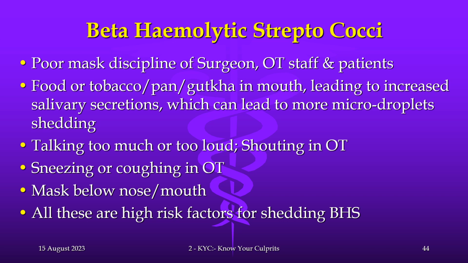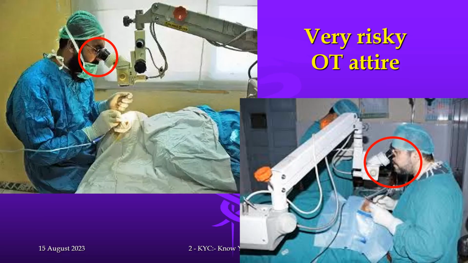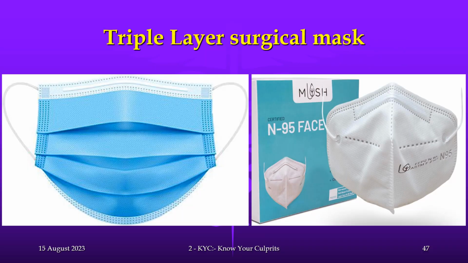All these are high risk factors for shedding beta hemolytic streptococci from the mouth. These are the best ways to shed these streptococci onto the surgical field. That is why a triple layer surgical mask or better an N95 mask completely covering the nose and mouth of everyone, yes, everyone in the OT, is absolutely essential.